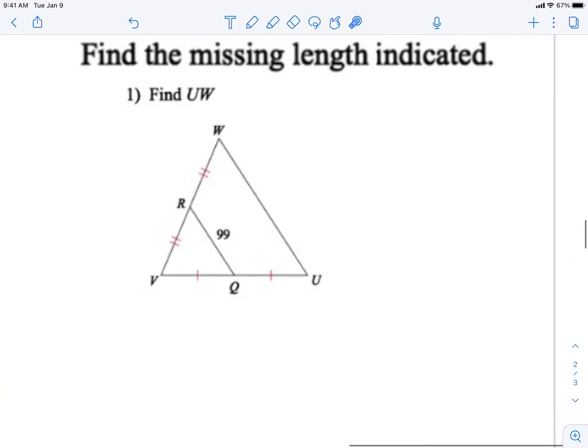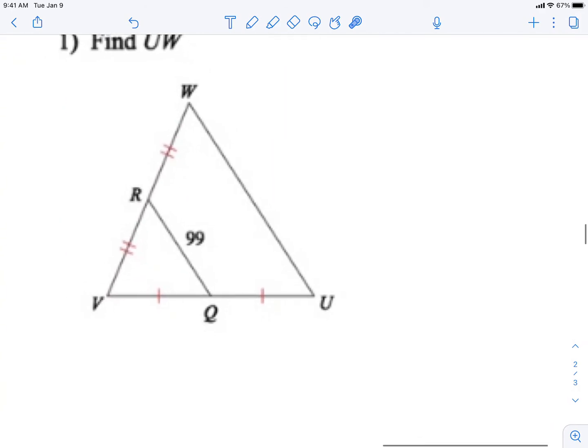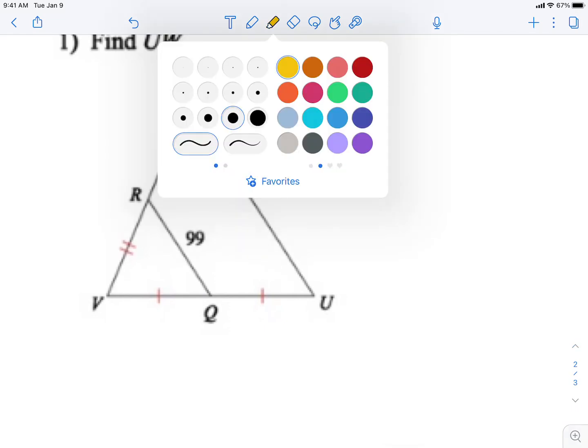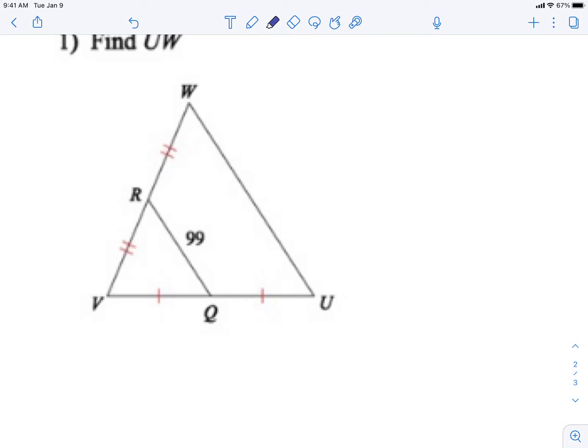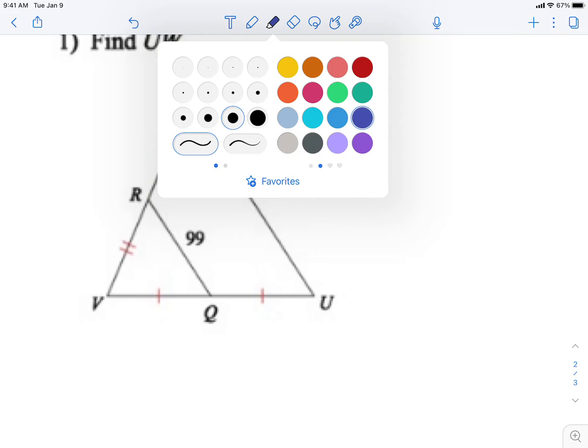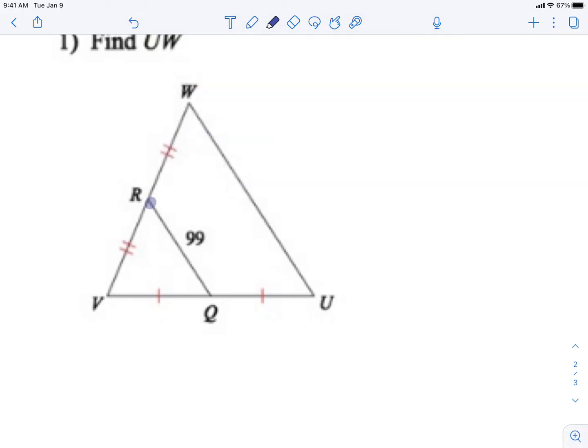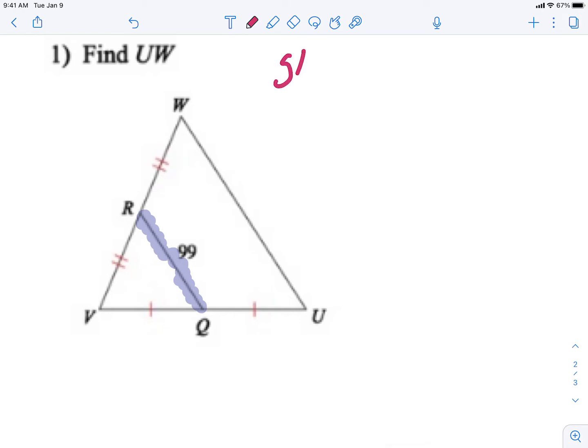Let's do number 1. So number 1 gives us a short and a long, right? So the short here is too big here. Let's go here. So our short here is RQ, right? So our short is equal to RQ, which is equal to 99.